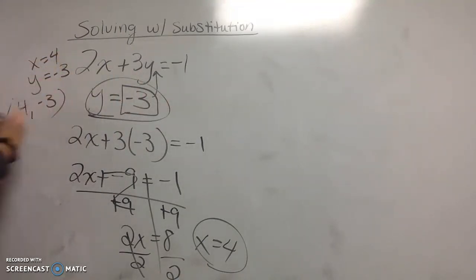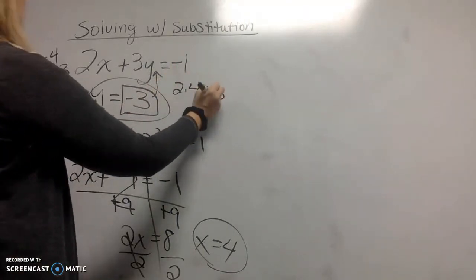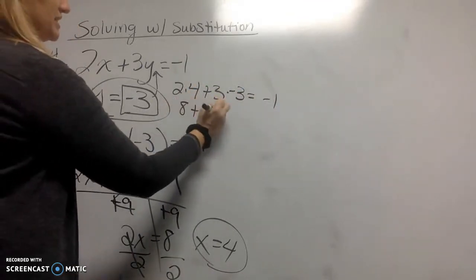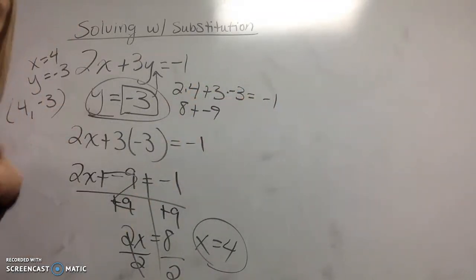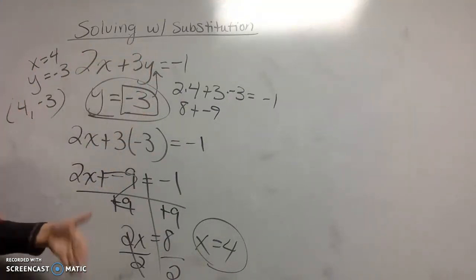These would cross at the coordinate point (4, -3). And of course, I can check my answer. Does 2 times 4 plus 3 times negative 3 give me negative 1? 8 plus negative 9 is in fact negative 1, so it does check. So again, I substituted in for y and then solved for x.